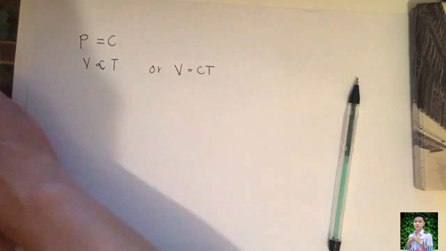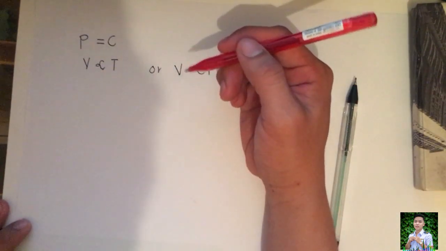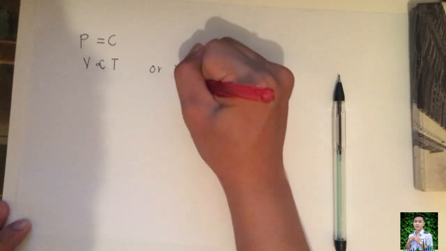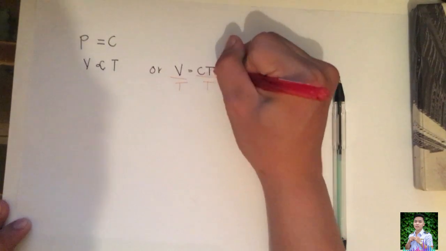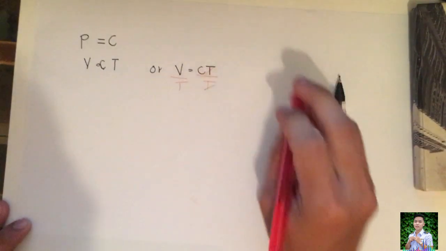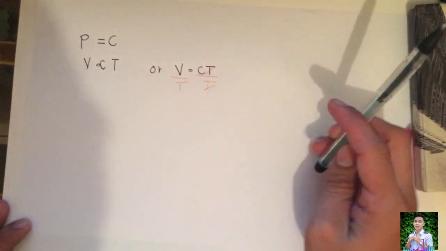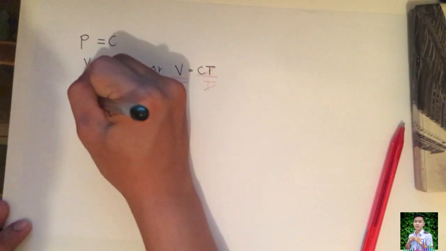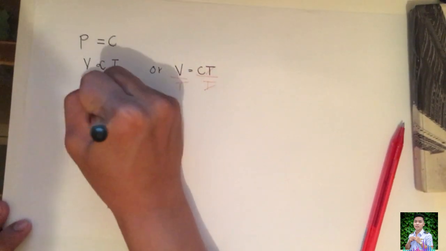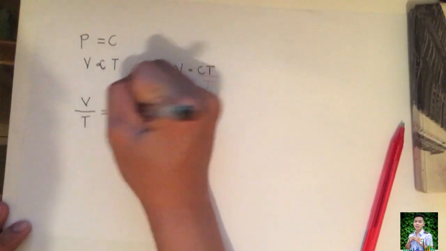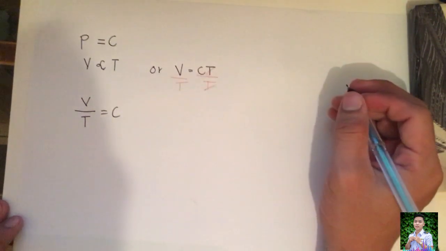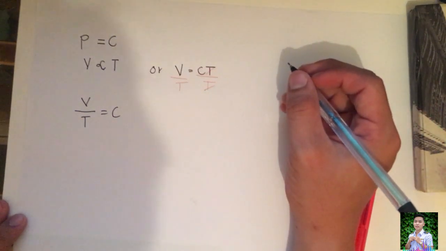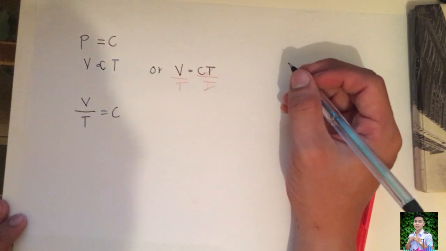Then, by dividing both sides with temperature T, we have volume over temperature equals C. Or if the properties of gas are changing, we use V1 over T1 is equal to V2 over T2.